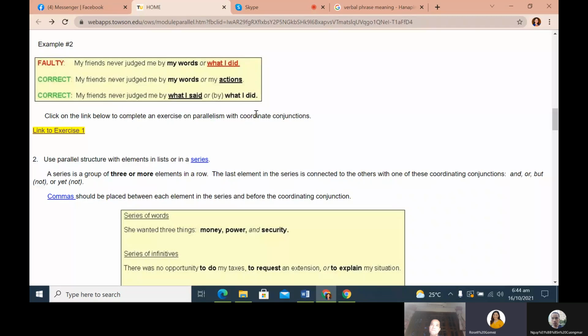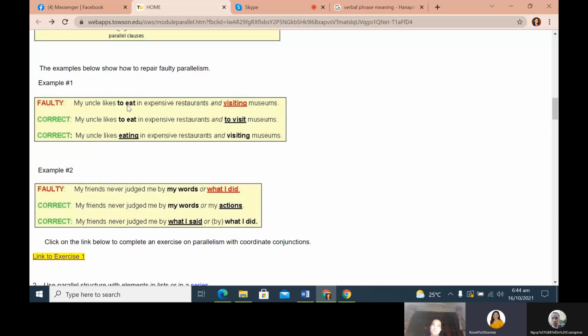My technique for you in order to get parallel structure sentences is to use similar or the same construction. Just like this one, my words, my action, what I said or what I did here. To eat, to visit, eating and visiting.